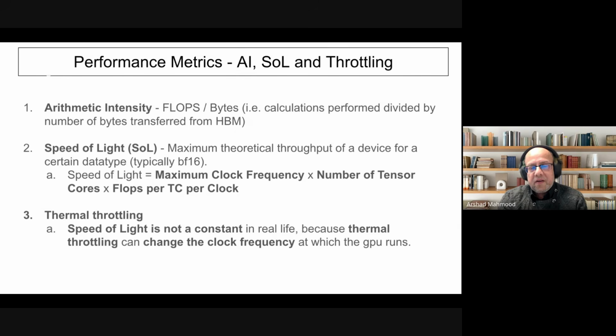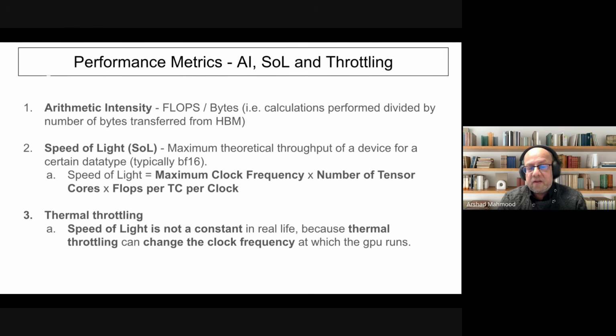The other issue to be aware of is thermal throttling. It depends on whether you're doing something super critical and you really care about how fast it is. Unfortunately, modern GPUs, to protect themselves, depending on the heat on the chip, because they have a sensor for that, will reduce the clock speed of the GPU to stop overheating. So if your GPU is being thermally throttled, your code can run a lot slower.